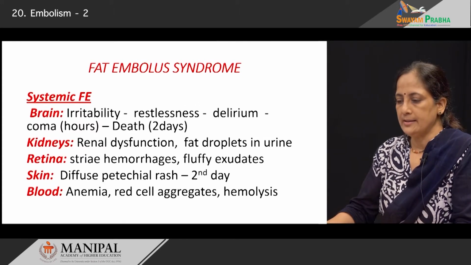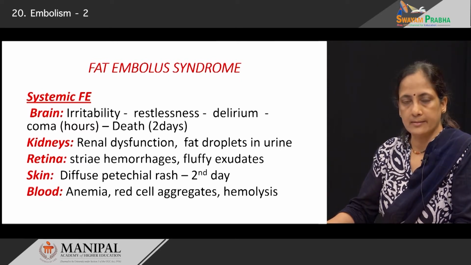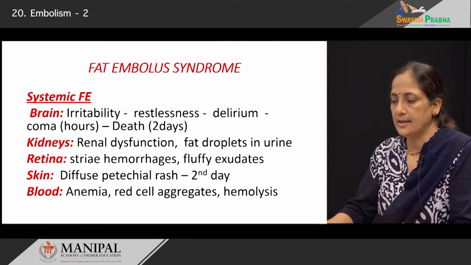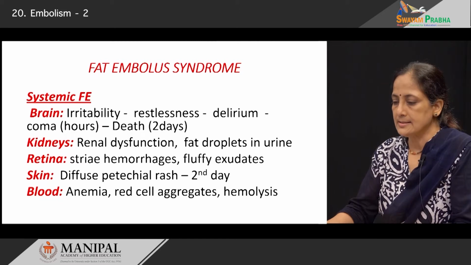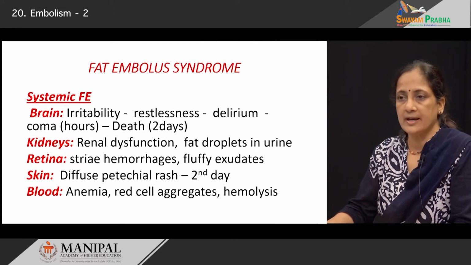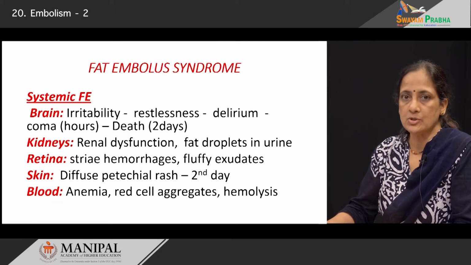Systemic fat emboli can reach the brain, kidneys, retina, skin and blood. When the vasculature in the brain is involved, it results in irritability, restlessness, delirium, coma which can last for hours, and finally death, which is usually within about 2 days of the episode.